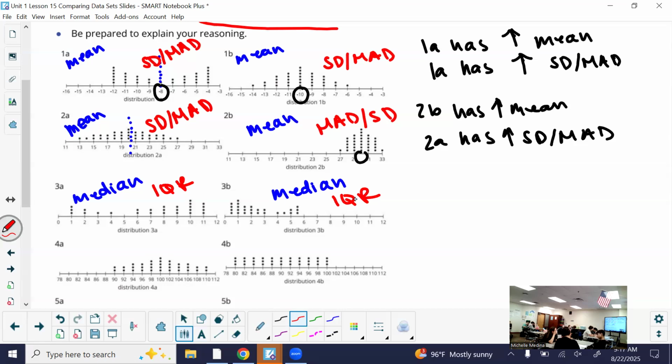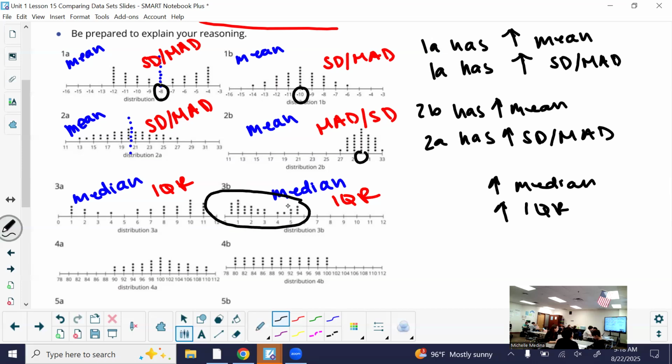And for this group, Madison, which one would have the higher median? Incorrect. Now, I didn't actually find the median, but look at where all this data is clustered in 3A and look at where it's clustered in 3B. My median for 3B is going to be around the 1 and the 2, I would assume.